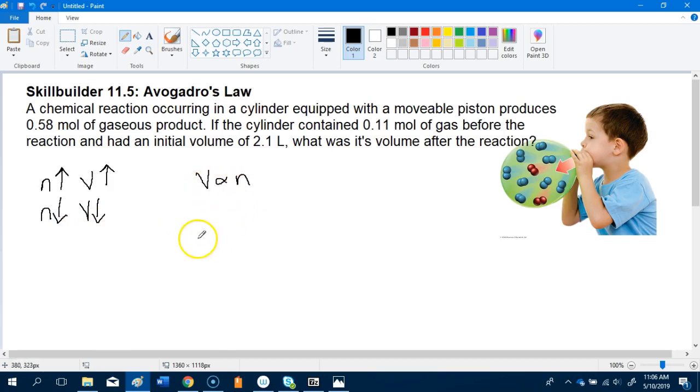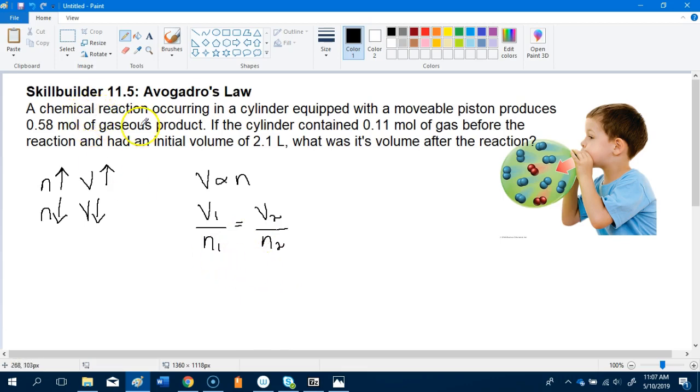We can use the formula: initial volume over initial moles is equal to the final volume over the final mole amount. And we can predict what's going to happen to our volume depending on whether our moles increase or decrease.